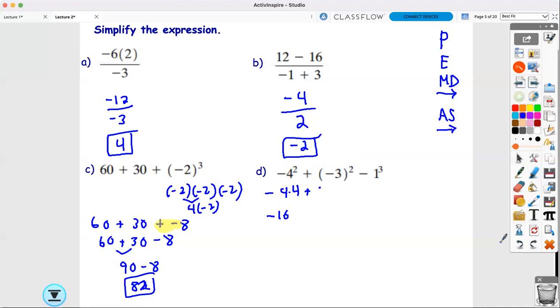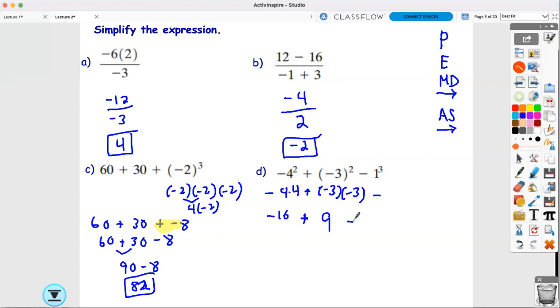Parentheses. That's correct. So notice how -2 cubed had parentheses. That's why I wrote it 3 times with parentheses. Here, -3 does have parentheses twice. So can someone tell me what a -3 times a -3 is? +9.